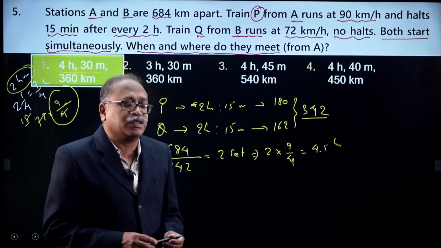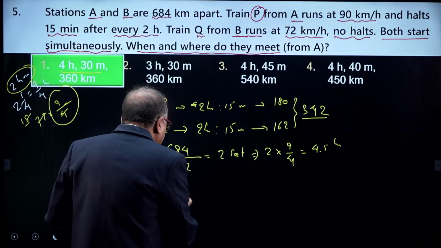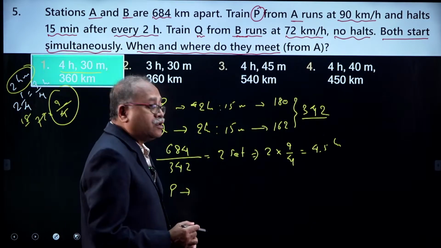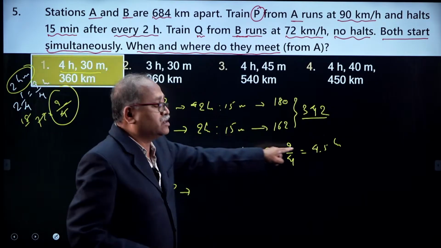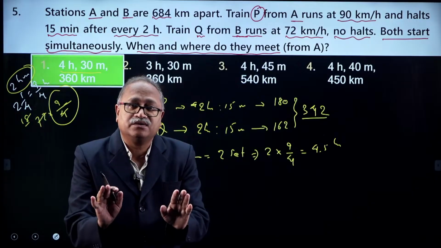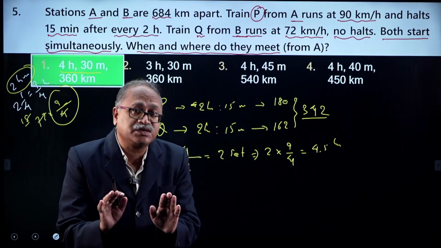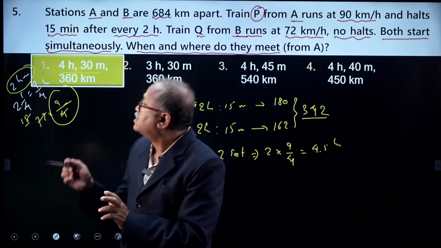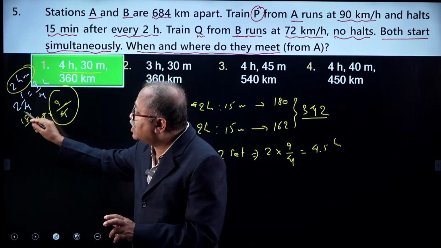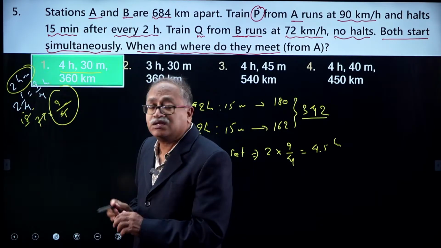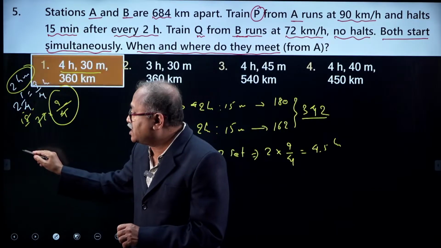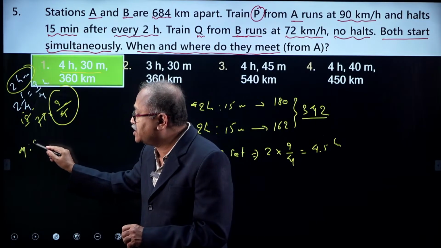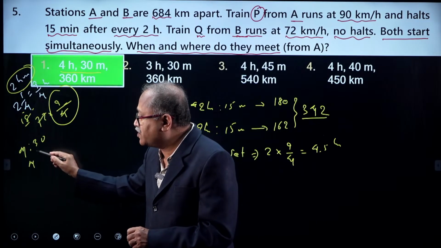Even if I go for that, let's take that P in 4 hours 30 minutes. 30 minutes is the rest. He is running only for 4 hours, because in every 2 hours 15 minutes he only runs for 4 hours. So that is 4 hours 30 minutes. He only runs for 4 hours.